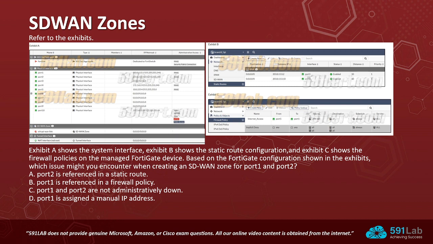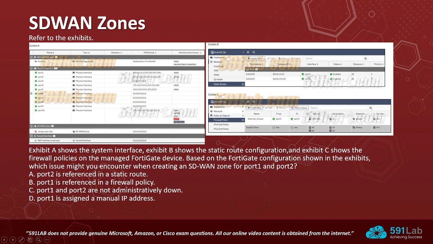On this one, I can tell you that when you try to configure an SD-WAN zone with an interface that is referenced, you can't make it. And option B is referenced in a firewall policy. So when you have a firewall policy as a reference, you can't configure an SD-WAN zone. In this case, we take a look at the static route.